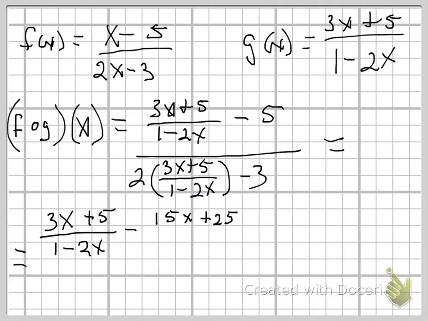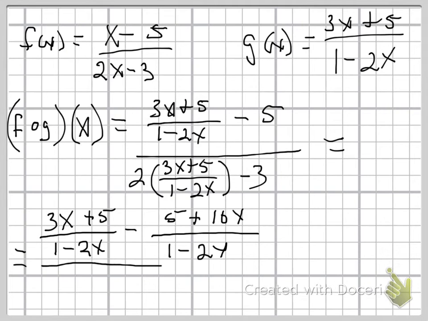3x plus 5 over 1 minus 2x minus, and this is going to give me 15x plus 25. Oh, no, it's not. This is going to give me minus 5 plus 10x over 1 minus 2x.